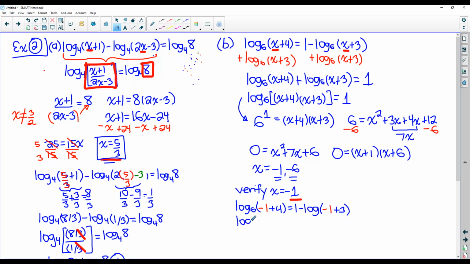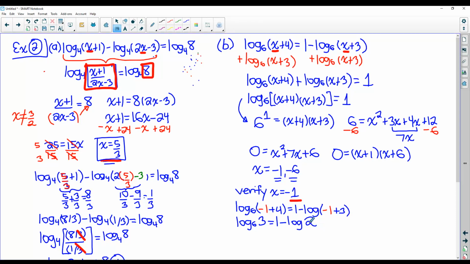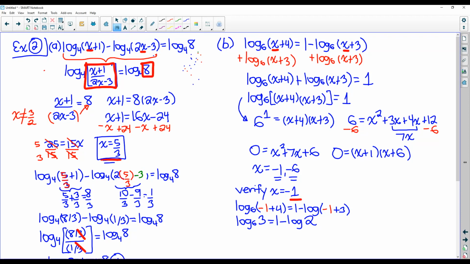So this would be log base 6 of 3 is equal to 1 minus log base 6 of 2. Both those arguments are good, so there's not really an issue with the arguments being negative.